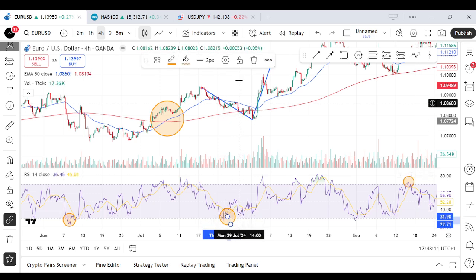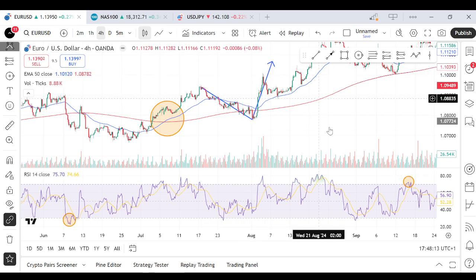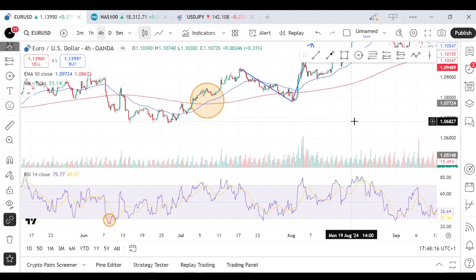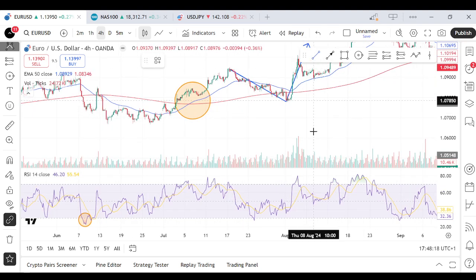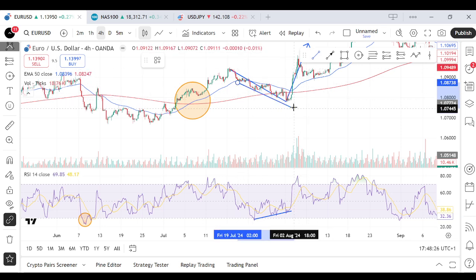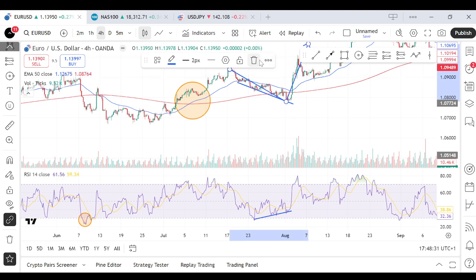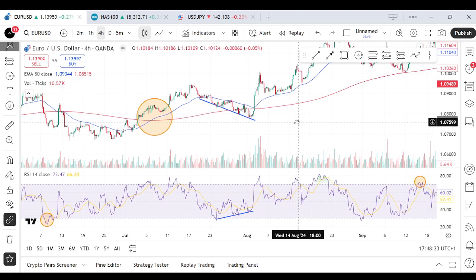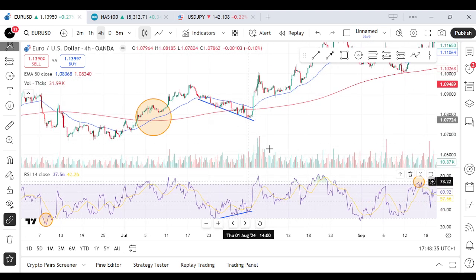We also have divergence. If you're familiar with the RSI, you know there's something we call divergence, where price is moving in contrast to the RSI. We're having higher highs and higher lows on the RSI, but price is giving us lower highs and lower lows. And that just signals that there is a reversal coming soon on price, as price is supposed to be reflecting whatever the RSI is doing.